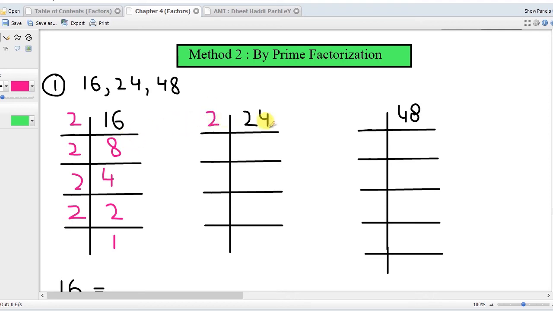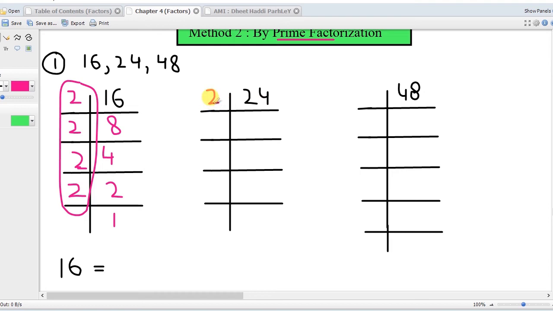Now see, all these numbers are prime numbers. You are not getting any number in this sequence that is not prime or that is composite. They must be prime, so that's why we named it prime factorization, okay?